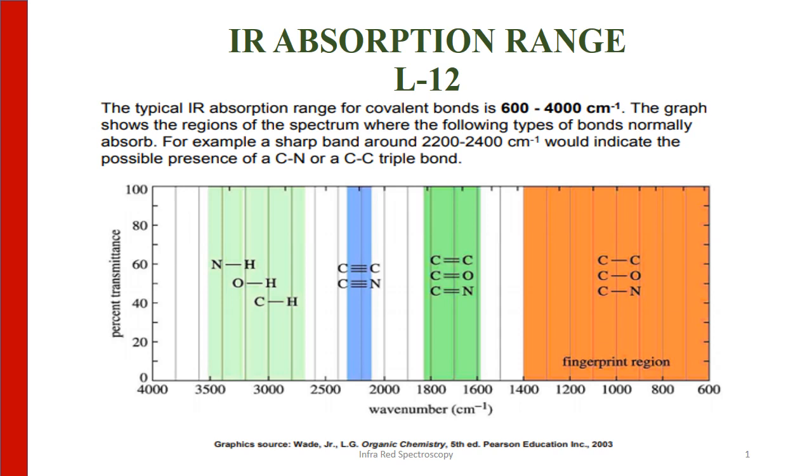For example, a sharp band around 2200 to 2400 per centimeter would indicate the presence of a CN bond or a CC triple bond. By looking at these wave numbers, we can identify which particular functional group is present in the given compound. We will discuss them in detail in today's lecture. Thank you.